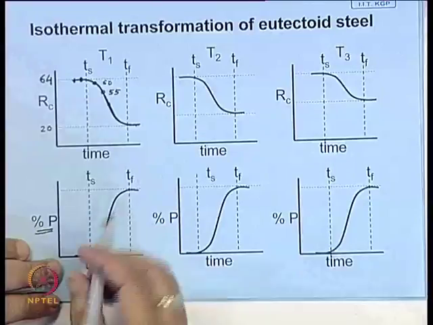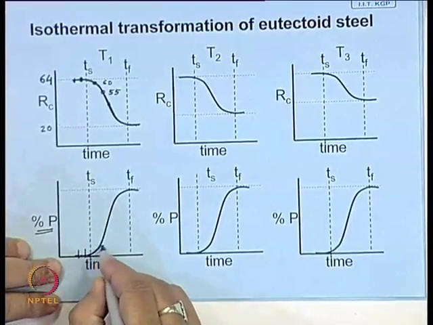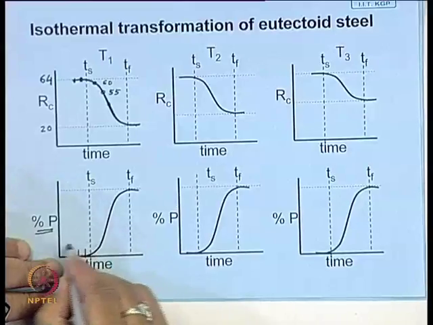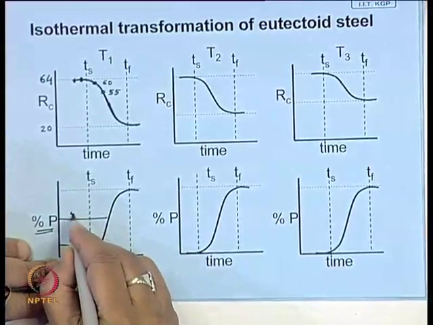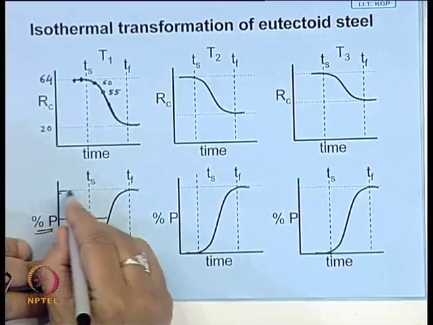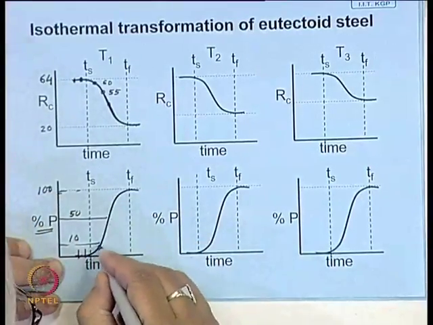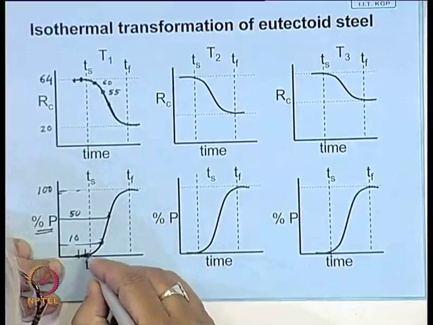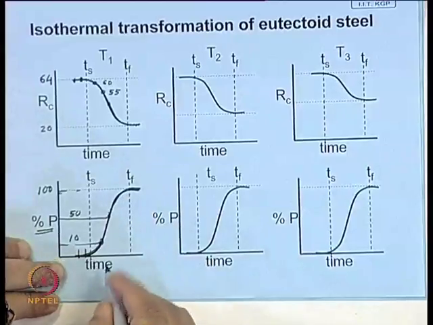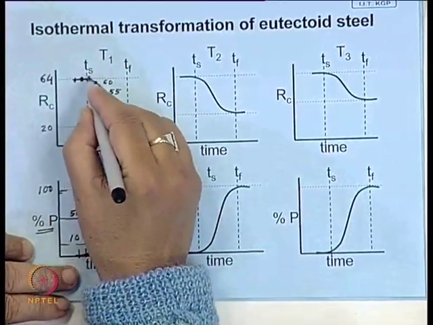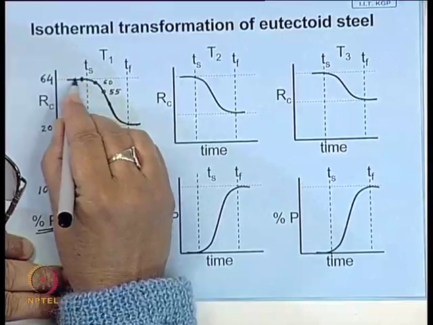So, for certain cases there is no pearlite here, and then the percentage of pearlite goes on increasing, maybe here it is 10%, here it is 50%, and here it is 100%. And here also if you join these points, you get this type of sigmoidal curve. Then from here, you try and find out where it starts deviating from this peak value.